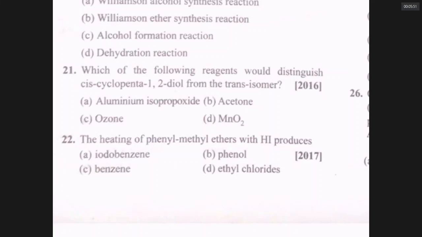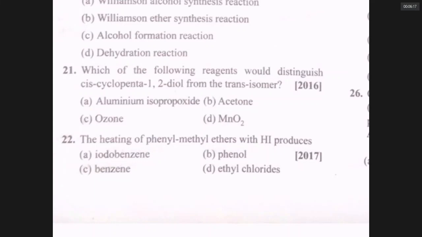Please notice, when an ether reacts with HI, ether will break down to give alcohol and alkyl iodide. In ether, there are two alkyl groups. The simple alkyl group will take iodine. The big alkyl group will take oxygen and hydrogen to become alcohol. This rule is not followed if there is a tertiary alkyl group.